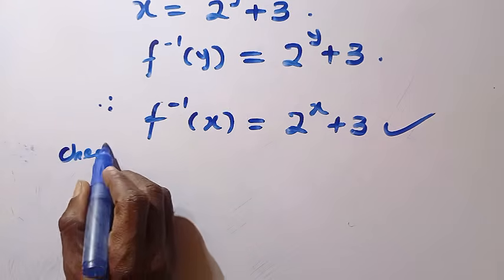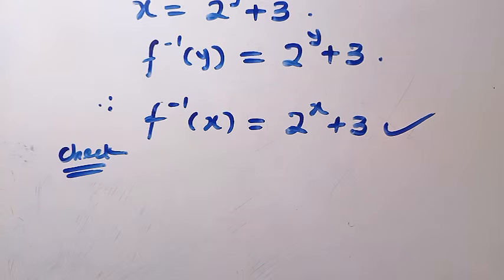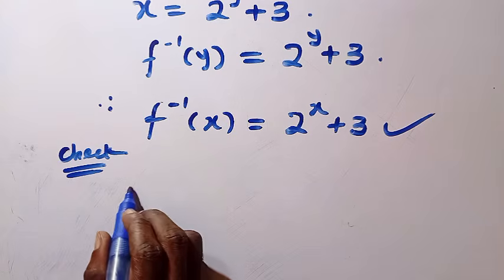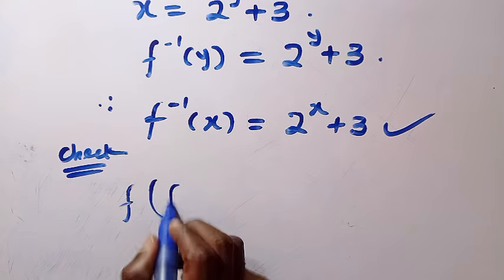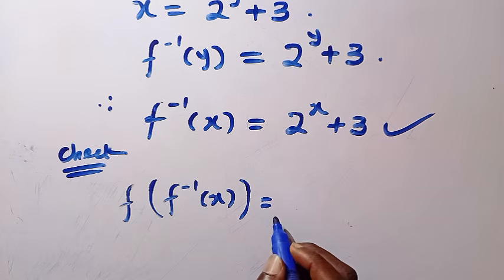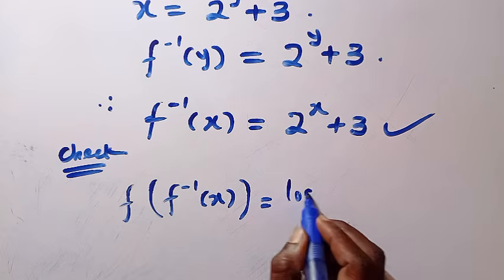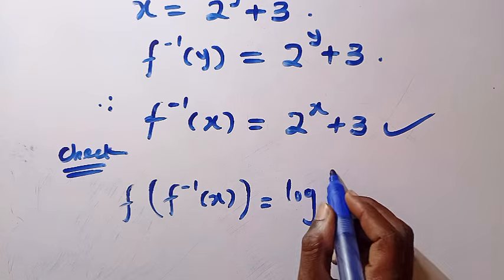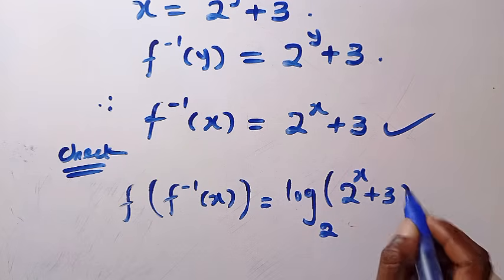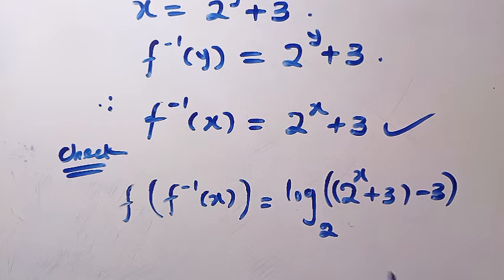So to check, we're going to check in two different ways. We check the solution we get against the original question that we were given. Suppose from here I introduce the function f to both sides. So we're going to have f of f inverse of x, and this gives us log base 2 of (2 raised to the power of x plus 3, minus 3).